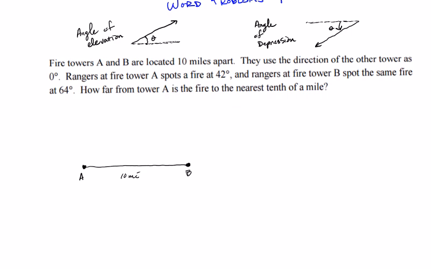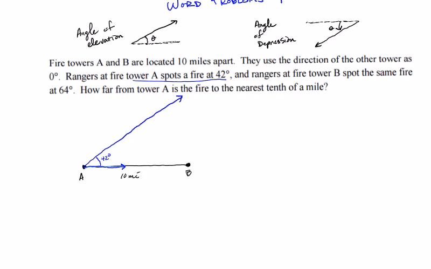So based off the way you've learned how to graph angles, if I'm looking at this guy, I'm calling it 0 degrees. Then as it rotates up, it says tower A spots it at 42 degrees. So 42 degrees, probably something like that. And I'm just going to draw a line for as far as I can.